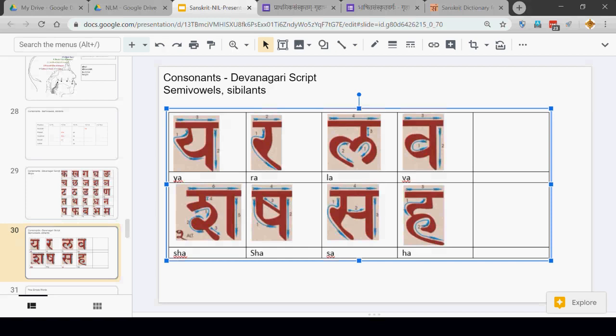And then sa is a dental sound, requiring the tip of the tongue very close to the back of the front teeth. And ha is guttural, originating from the back of the throat, but it is a sibilant, requiring warm breath.